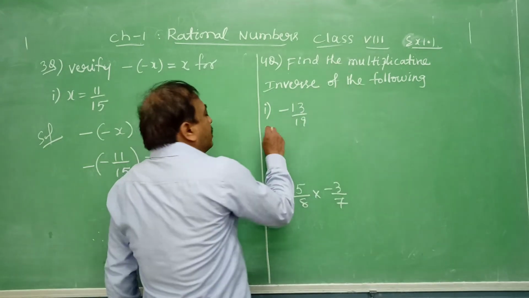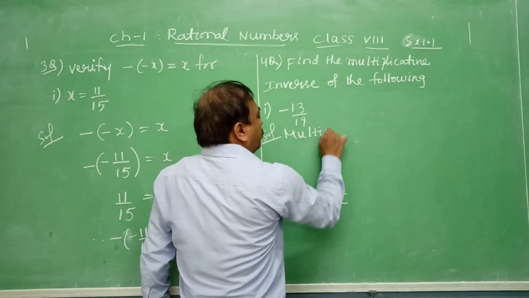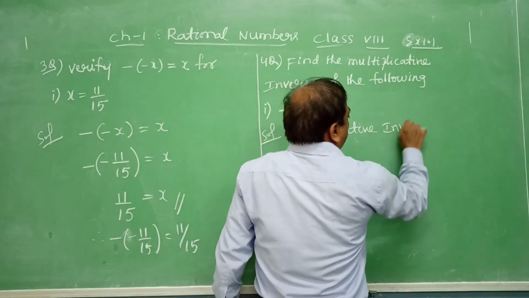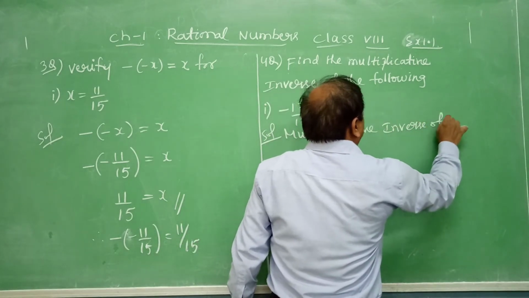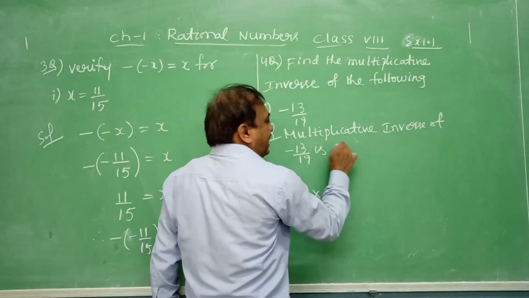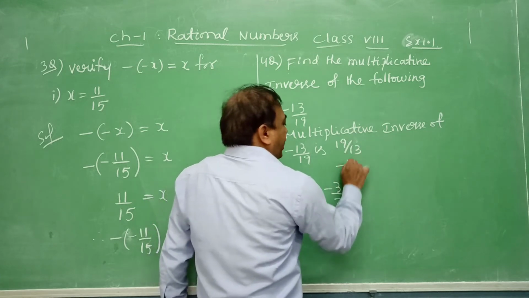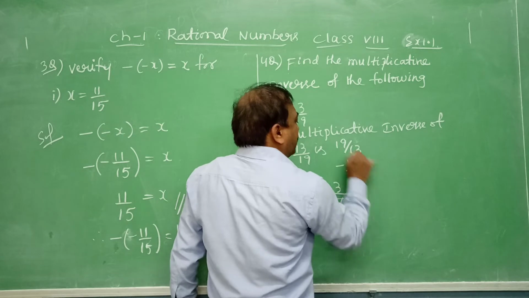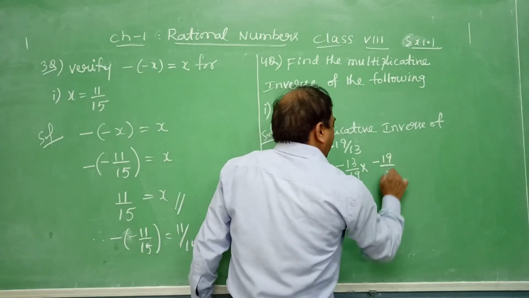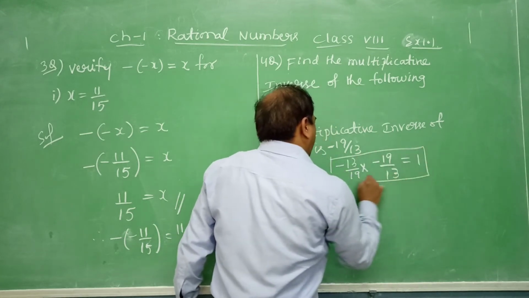So now, the multiplicative inverse of minus 13 by 19 is minus 19 by 13, as minus 13 by 19 into minus 19 by 13 will give you the product as 1.